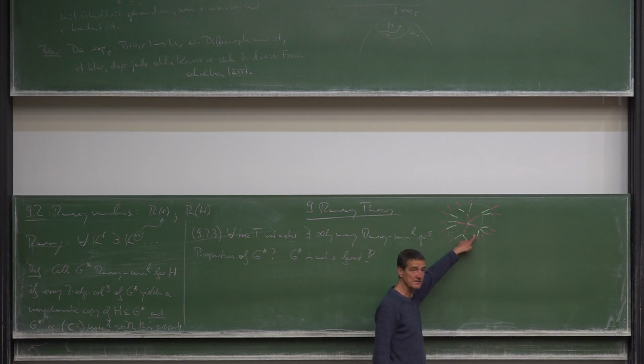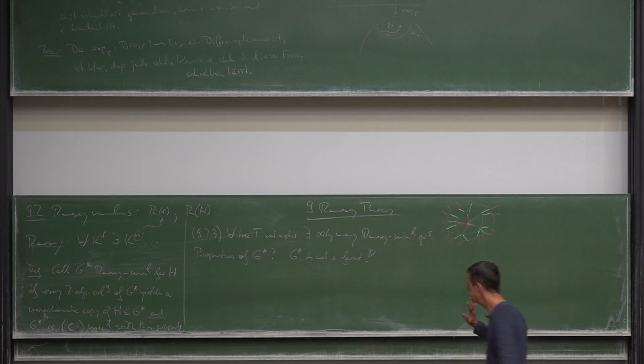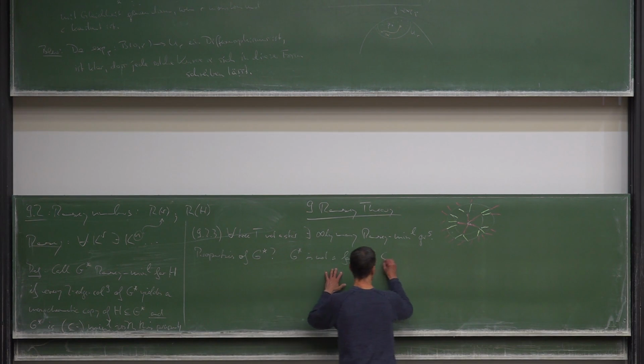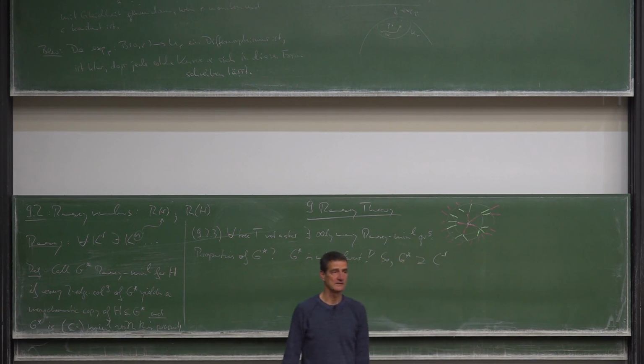So this can't contain a green tree T unless T is a star, right? There is no path of length 3. But if T is a tree that is not a star, it has a path of length 3. So G star, no matter how we find it, somehow automatically in some big enough G or whatever, is not going to be a forest. So G star has a cycle. Contains a cycle.